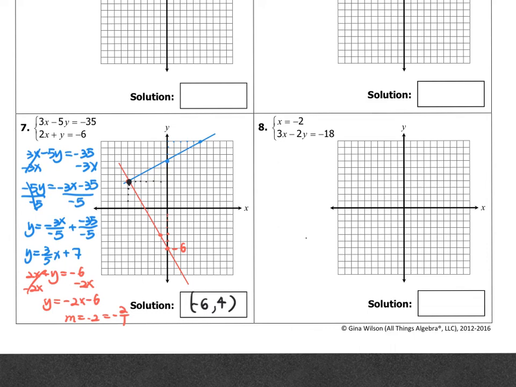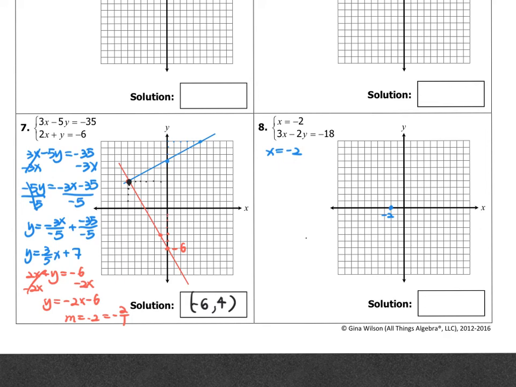Last one, here is another special case. X equals negative 2. Remember when it's x equals negative 2, if you remember my Algebra 1 class, probably the best way to describe it is that this is undefined, meaning at x equals negative 2, which is right here. That's where x equals negative 2.